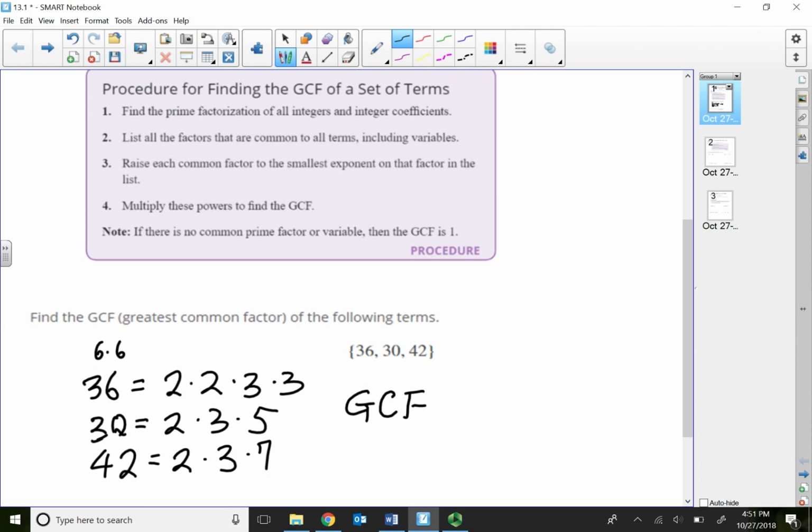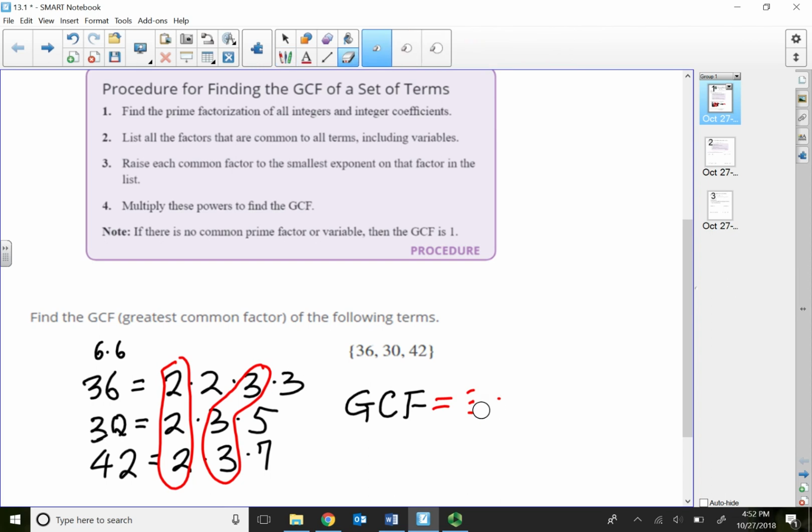So the greatest common factor is basically the common factor between all 3 terms, or all the terms you have. If we look at it, the factor 2 is repeated between all 3 terms, so we count that as 1 time. Another factor repeated between all 3 terms is obviously the 3, so we count it as 1 time.